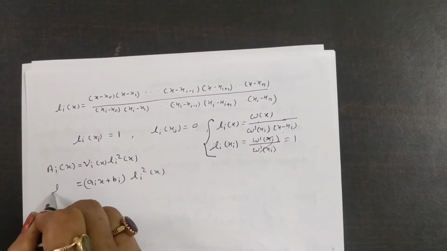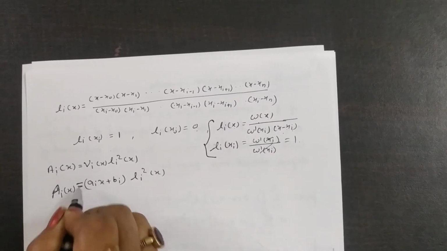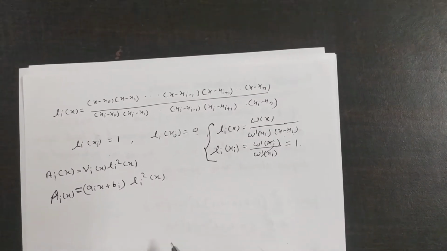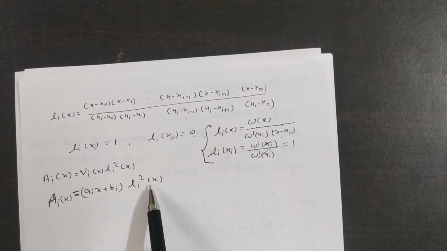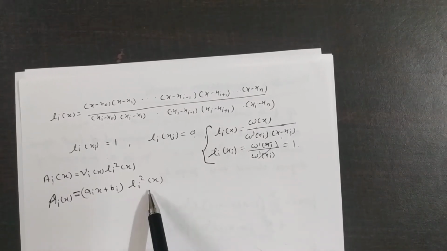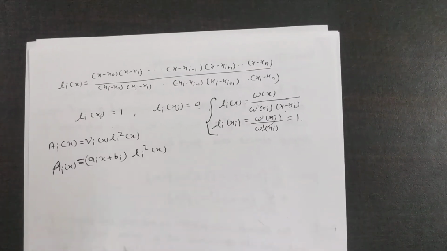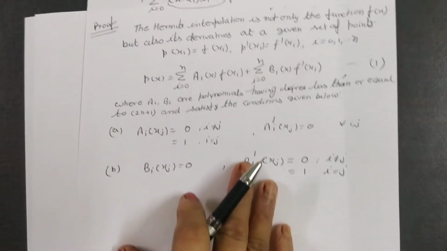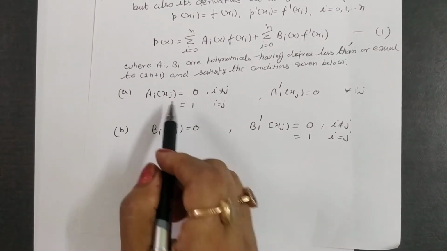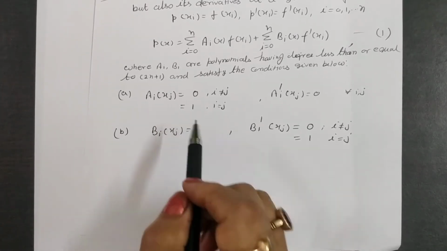Suppose that this one, ai x, has degree 2n minus 2, since Li is of degree up to n minus 1, and this is 1, so 2n minus 1. Now if you apply the conditions, the conditions are here: ai(xj) is equal to 0 and ai at the point xi is equal to 1. You prove that this is true.